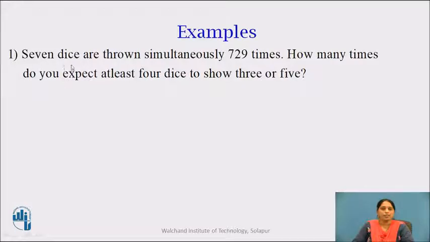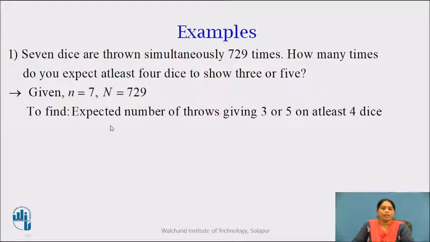Here 7 dice are thrown, so the value of small n will be 7 and it is thrown 729 times, so the value of capital N will be 729. So given that small n is 7 and capital N is 729. Here we have to find the expected number of throws giving 3 or 5 on at least 4 dice.